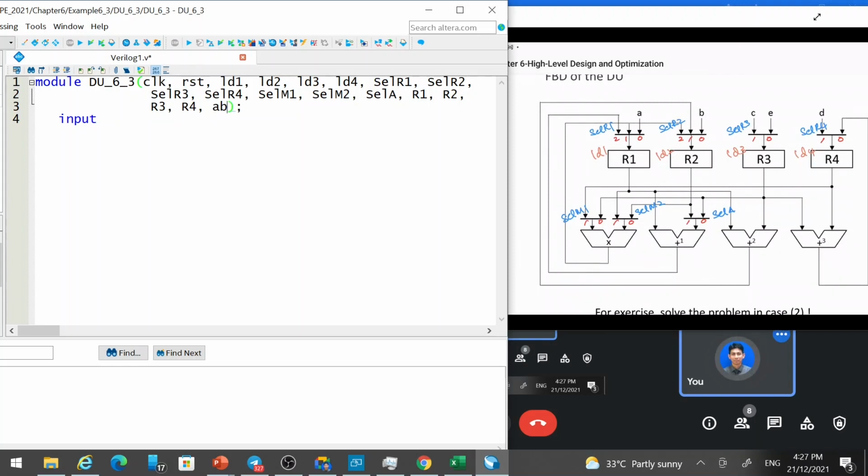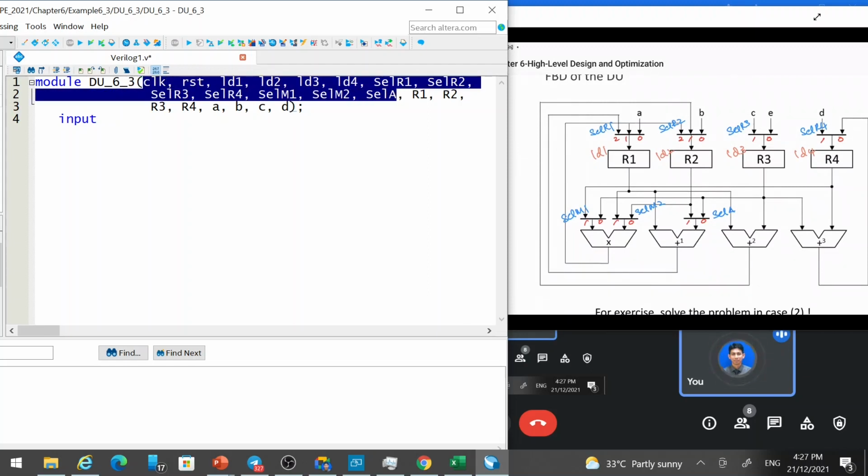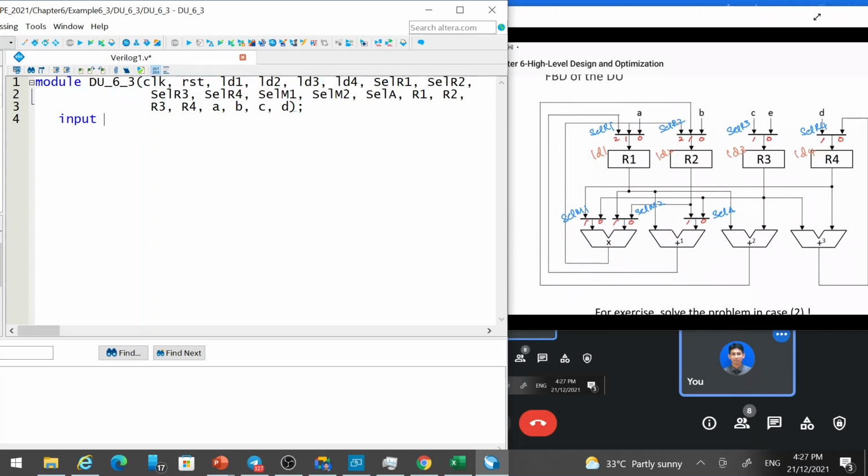And again, we forgot the inputs A, B, C, and D. So now the 1-bit inputs are from this until this, except these two, which are not 1-bit.